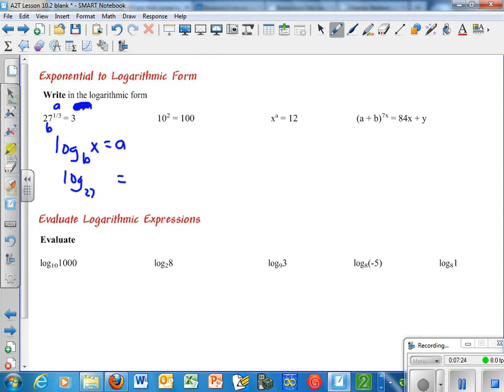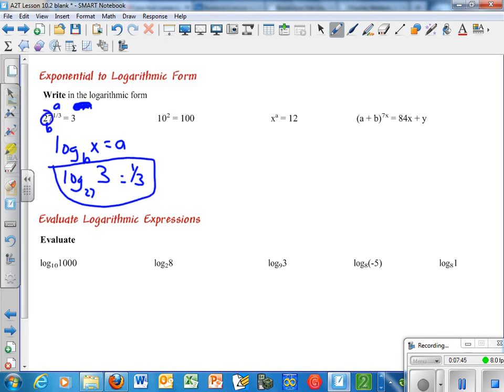A is the exponent, so the 1/3 is going to go over here. And, whoops, I don't want that to be a 2. That needs to be a 3 there. So the log of 3 in base 27 is equal to 1/3. That would be writing it in logarithmic form.